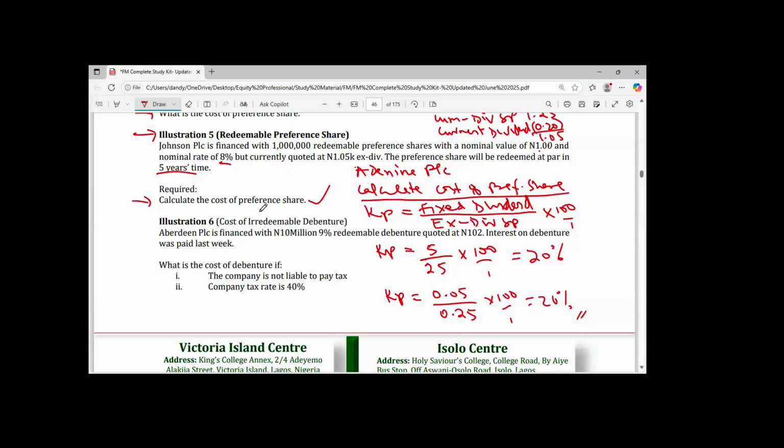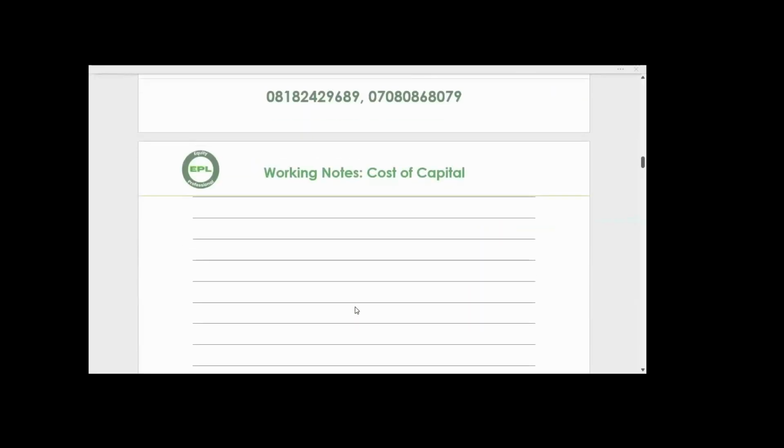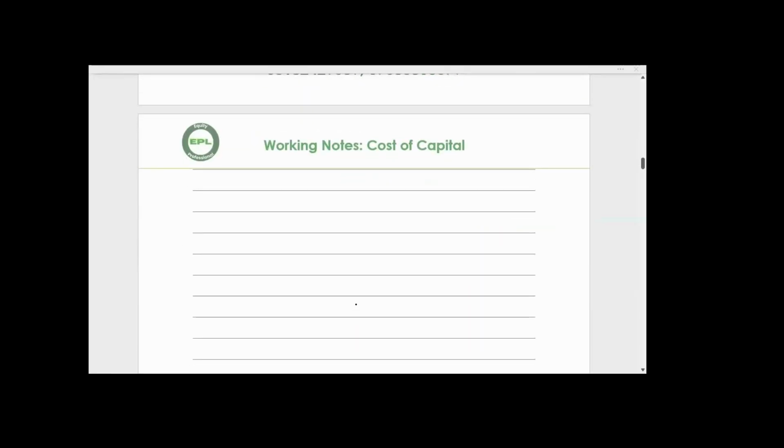That's just it. So let me stop sharing this because I need space to demonstrate this. Let me stop sharing this and move to the working notes. Okay. Illustration number 5. Excuse me.